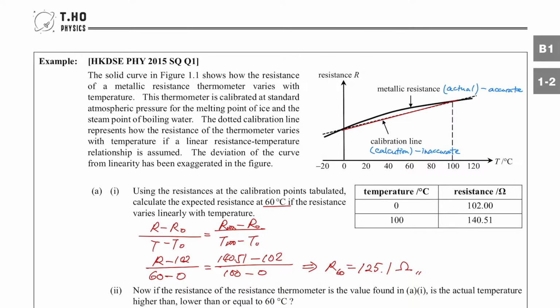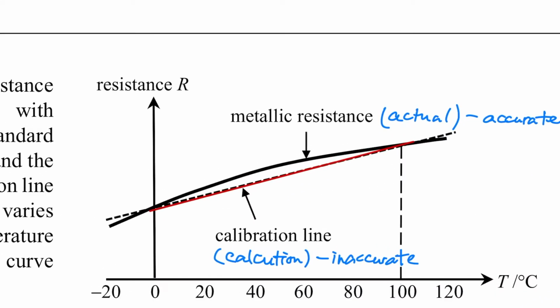Part 2. Now if the resistance of the resistance thermometer is the value found in A1, is the actual temperature higher than, lower than, or equal to 60 degree? What does that mean? This means, let me enlarge it.